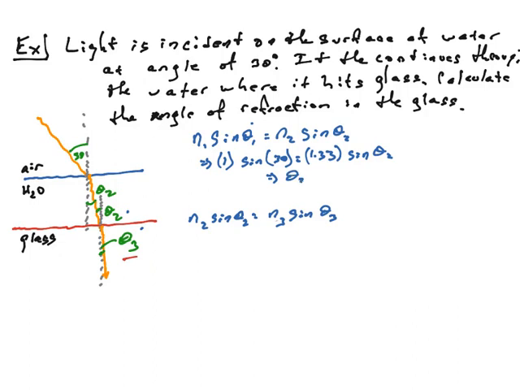So theta 2 will be inverse sine of 1 over 1.33 times sine 30. Inverse sine of all of that business gives me 22.1 degrees. It's 22.08, but I'll call it 22.1. All right, now I know theta 2.